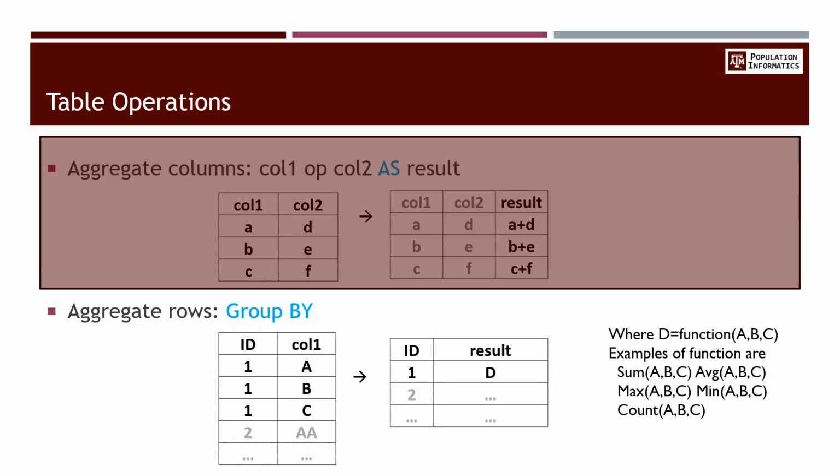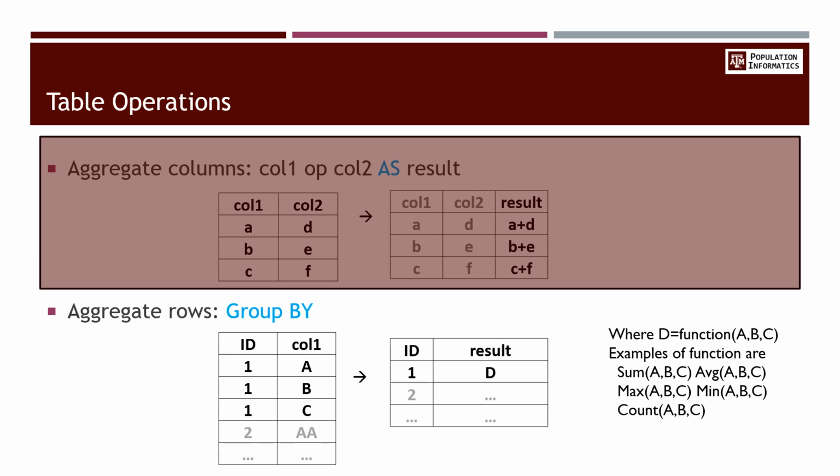Similarly, aggregating rows is when you want to roll up multiple rows into one row. This is done with the keyword group by, followed by the list of variables you would like to roll up, as done below. Rolling up rows means that you will create a new table that will group all rows with the same values in the group by variables into one row.